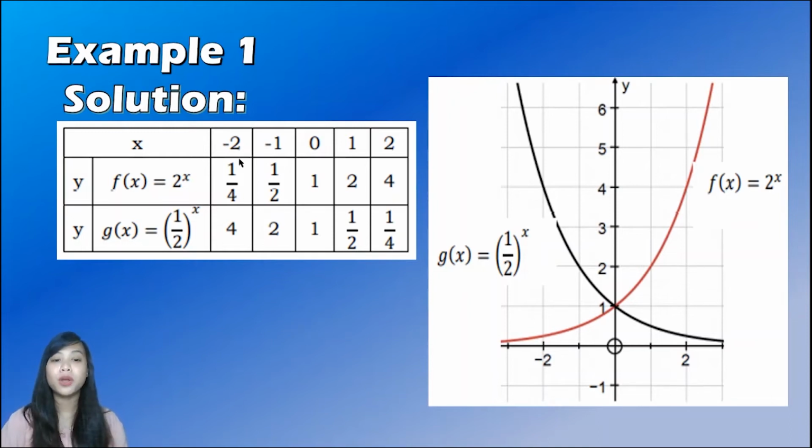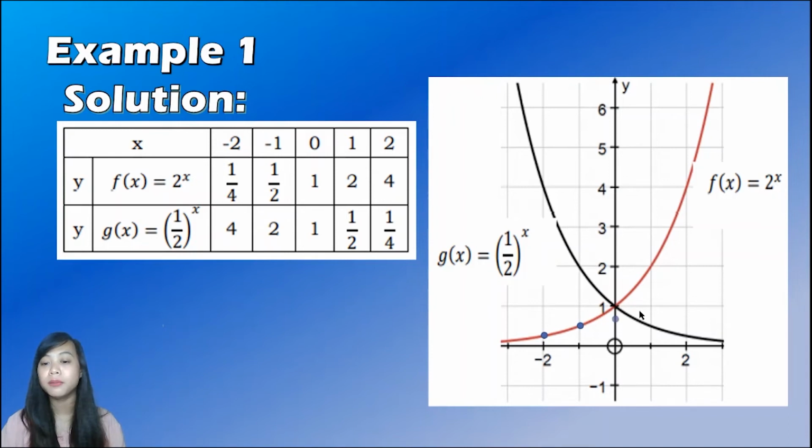So we have negative 2. So here is your x, negative 2. We have positive 1/4. So we have this dot. Next, we have negative 1 and 1/2. So we have this dot. Then we have 0 for your x, and we have 1 for your y.